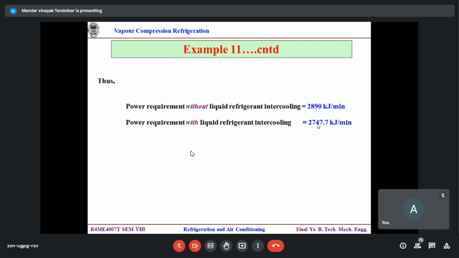So 140 kilojoules per minute could be saved. So naturally your power requirement is reduced. That means your COP is increased. Agree? This example is just for you to imbibe the importance of flash intercooler. Fine. Should I move ahead?